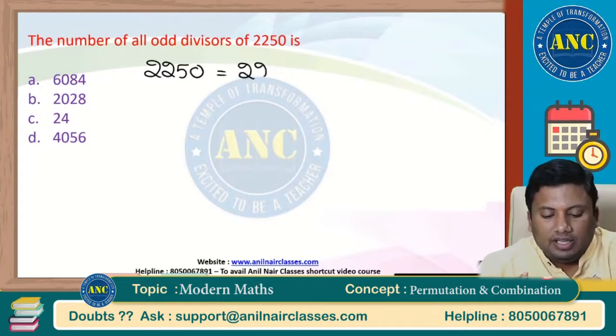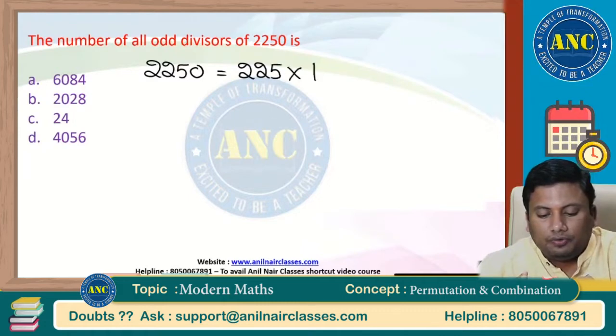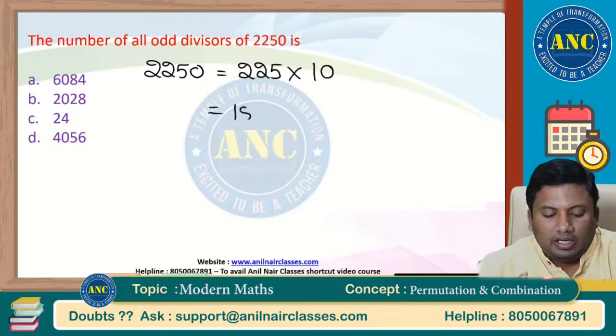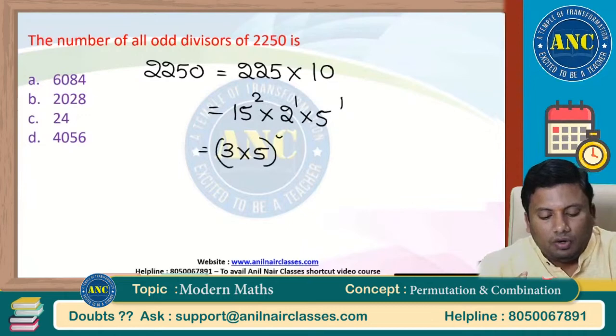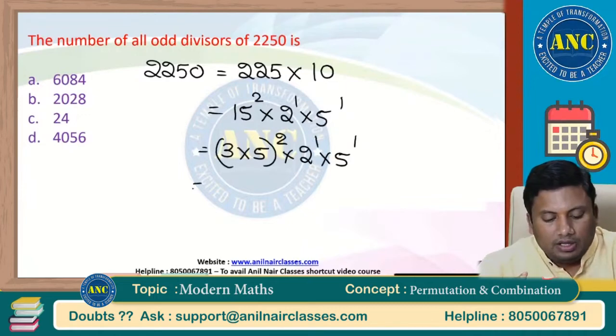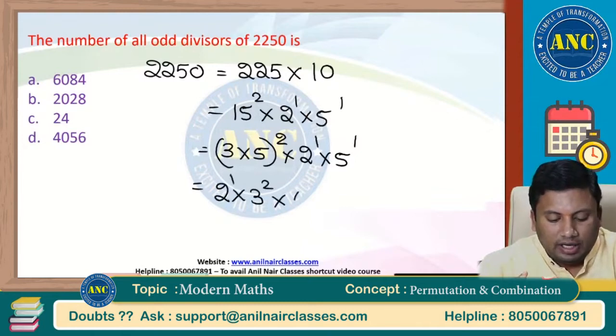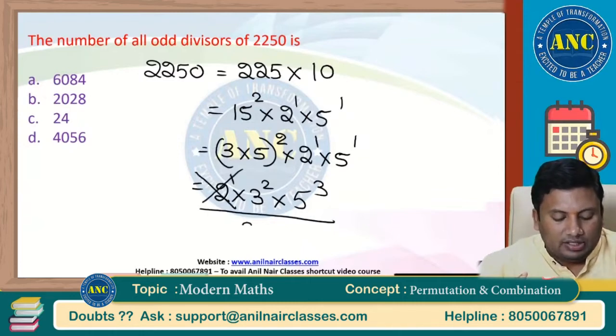2250 is nothing but 225 into 10. 225 is 15 square. 10 is 2 into 5. 15 is 3 into 5, whole square, into 2 into 5. So this is nothing but 2 power 1 into 3 square into 5 cube. It is an odd factor; 2 is not possible.